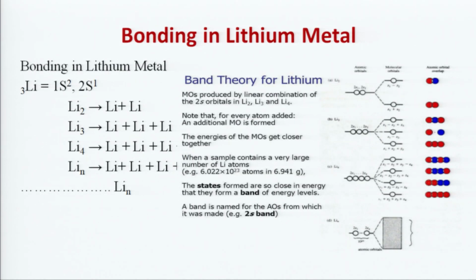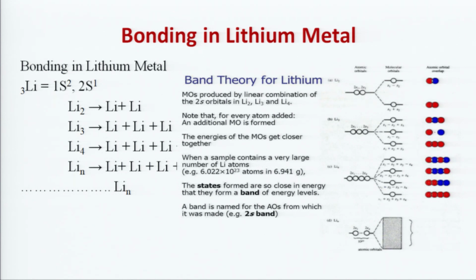So, why is it called band theory? Because of the closely spaced energy levels, which are so closely packed that they appear like a band, and that is why the molecular orbital theory of metallic bonding is known as band theory.